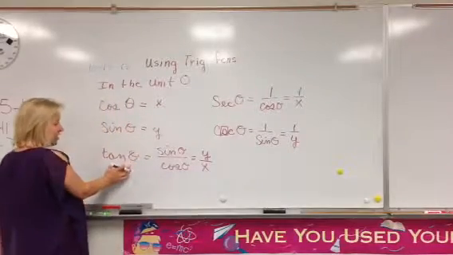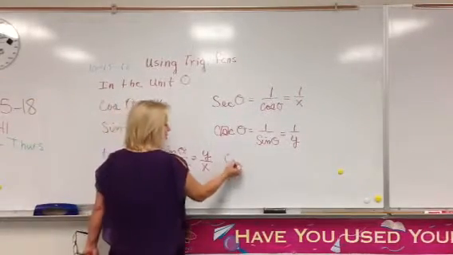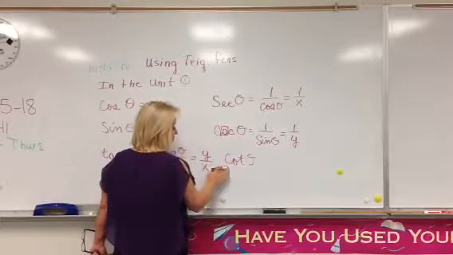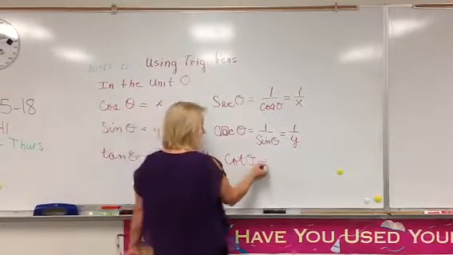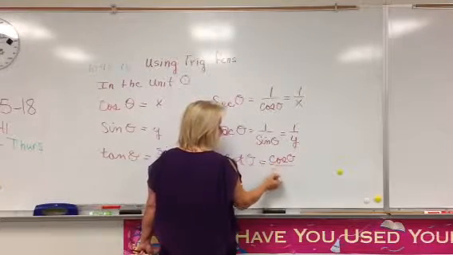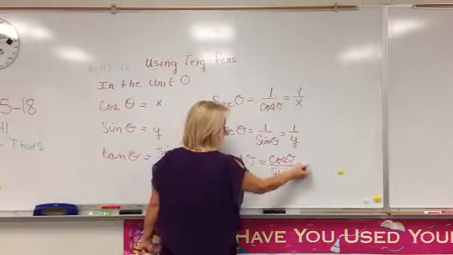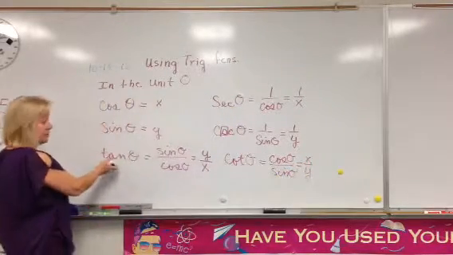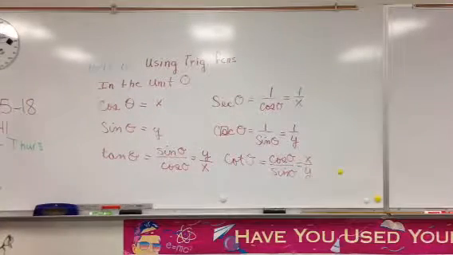And cotangent is the opposite of tangent, and sometimes I think cotangent is easier to remember, because it's co and co, cosine over sine. Or just flip the tangent over. That's if it were in the unit circle, okay? That's a review.